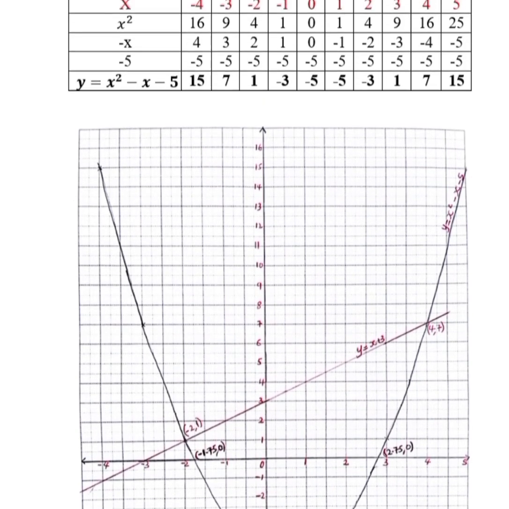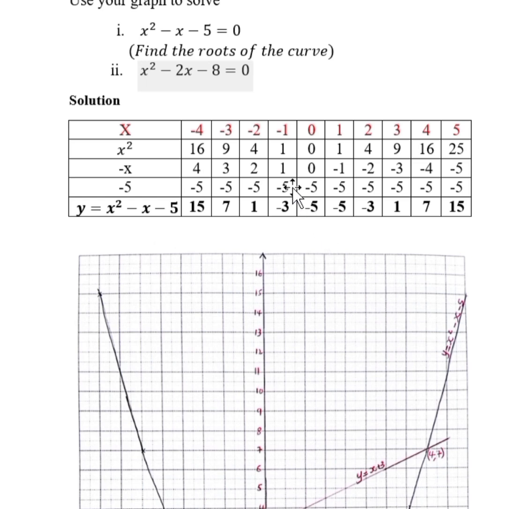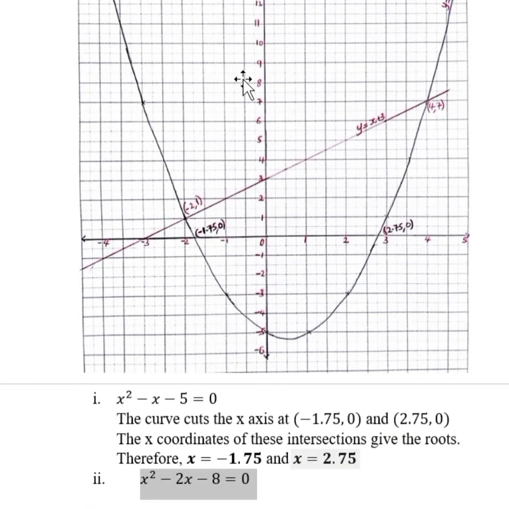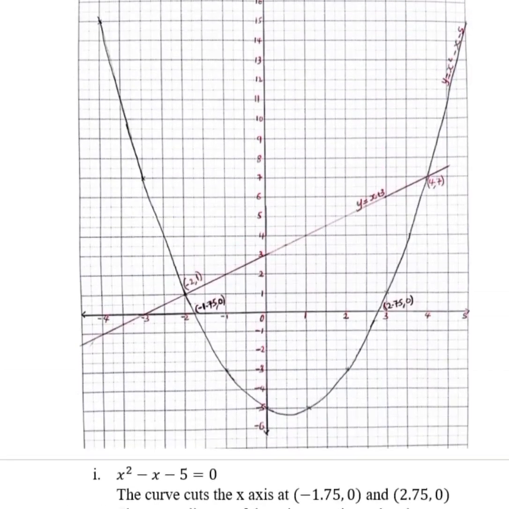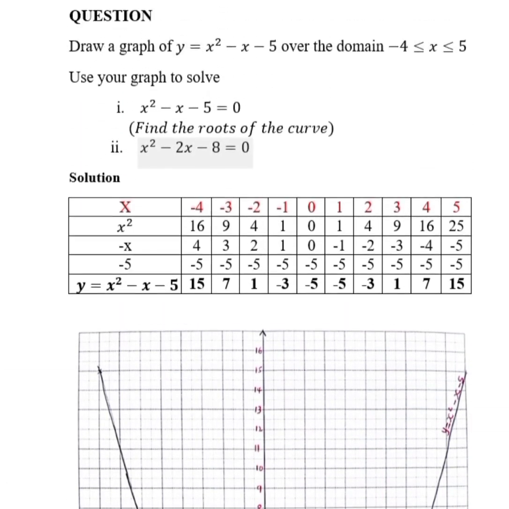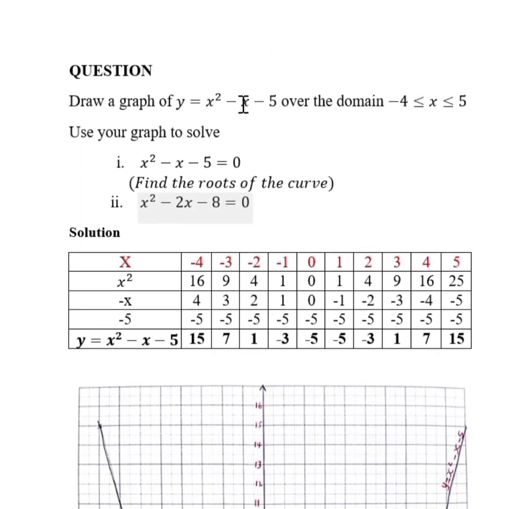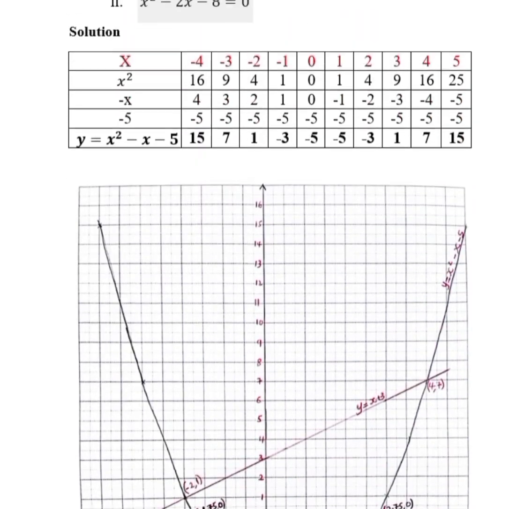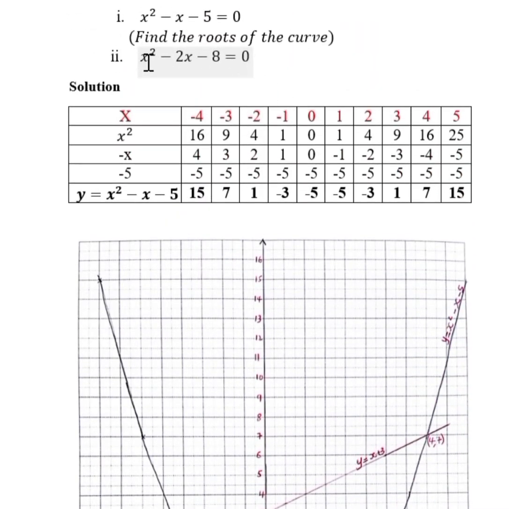Then we come to the second question, which wanted us to use the graph to solve x squared minus 2x minus 8 is equal to 0. So in that case, you will take the two equations, the one that we have used to draw the graph, and subtract the equation that we want to solve.